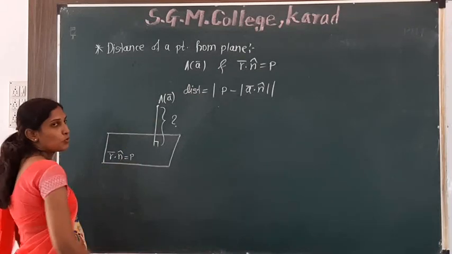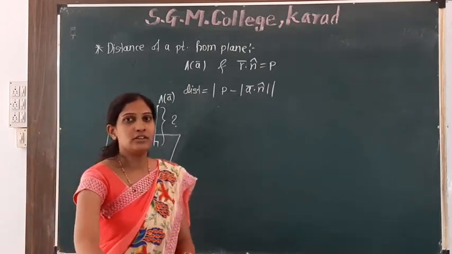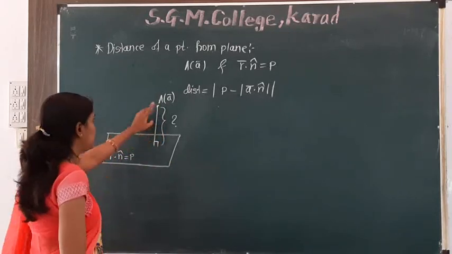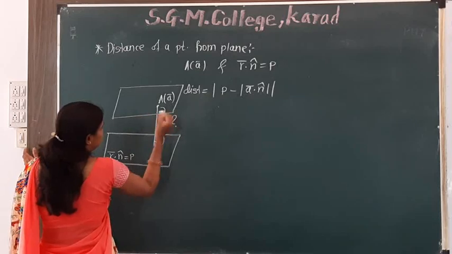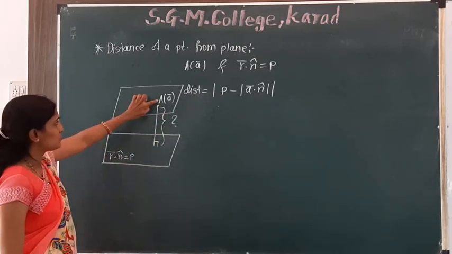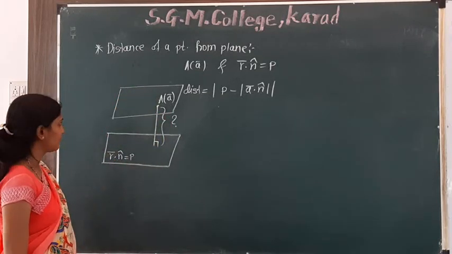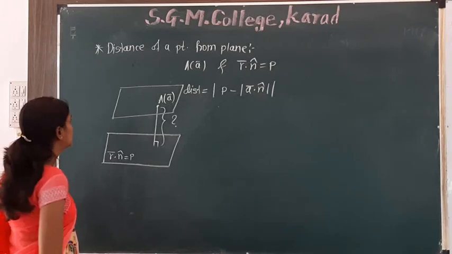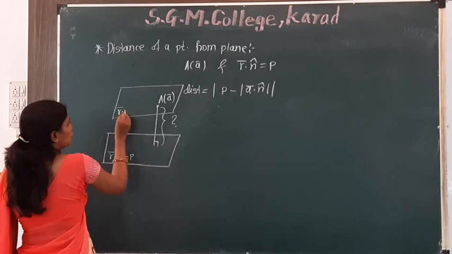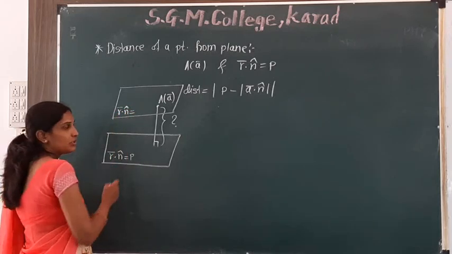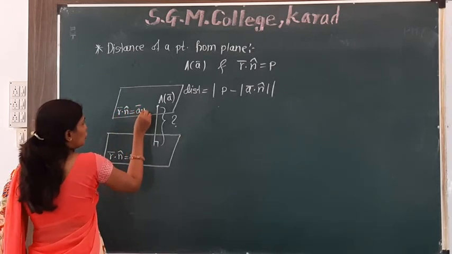Now this point is on another plane. Suppose this point is on another plane. Consider a plane, and suppose this point is on this plane, and what is the equation of that plane? Suppose R bar dot n cap is equal to A bar dot n cap.